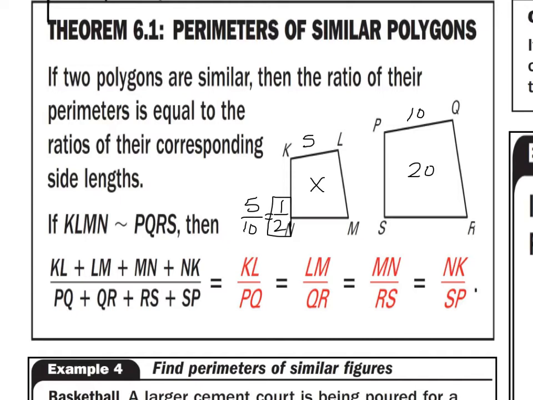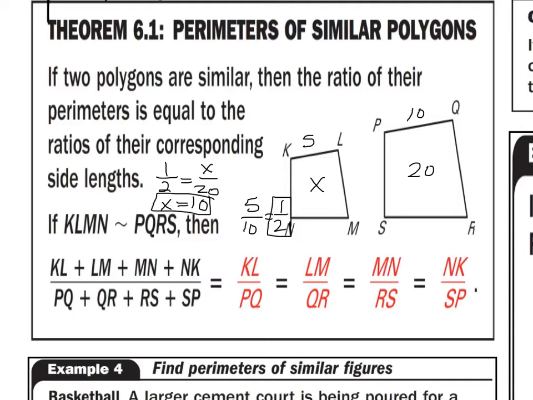Now, what I can do is take my scale factor and set it equal to the ratio of the perimeters. So I could take 1/2 and set it equal to X, since I went small, over the perimeter of 20 over the big. I would cross multiply and divide, and I would get X equals 10.